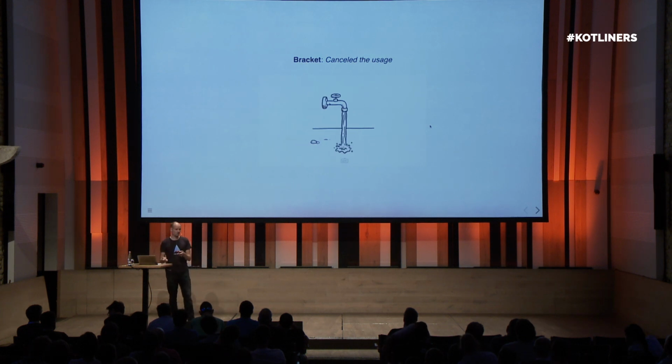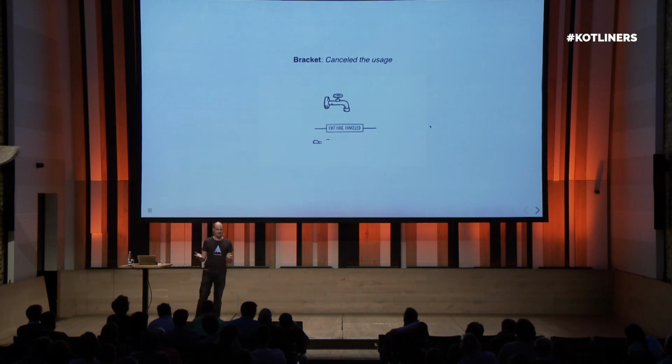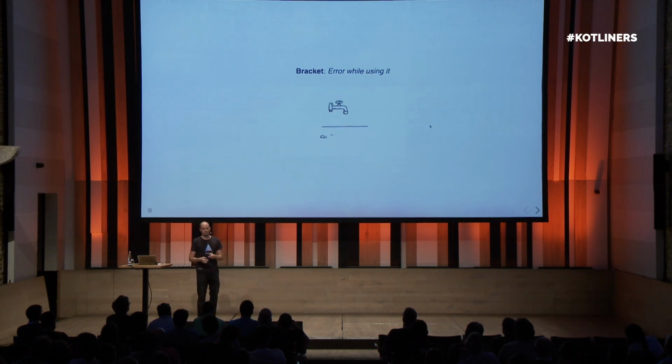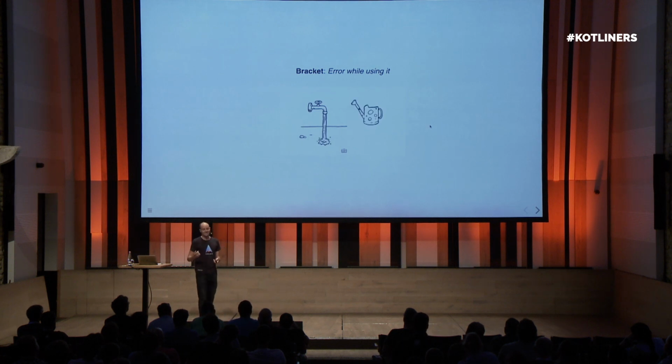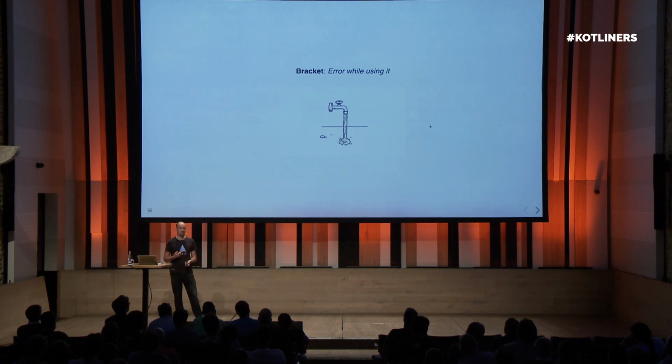Well, still, we want to be sure that the tap gets properly closed, so we don't leak, right? But what if there's an error? What if I try to use it, there's an error there, the instrument is not ready, and still in that scenario, I really want to close the tap. I want to be sure that the tap gets closed. You can do that with Bracket.